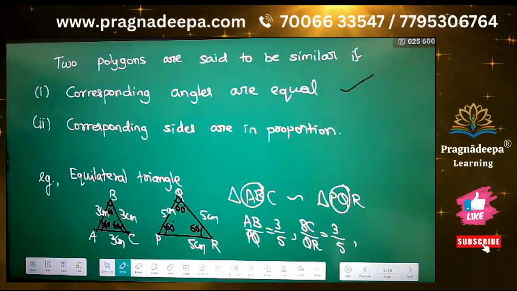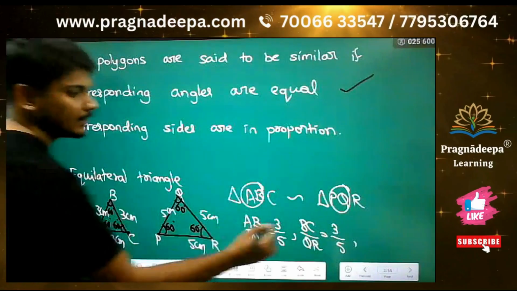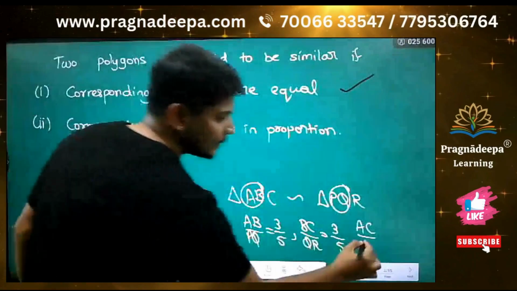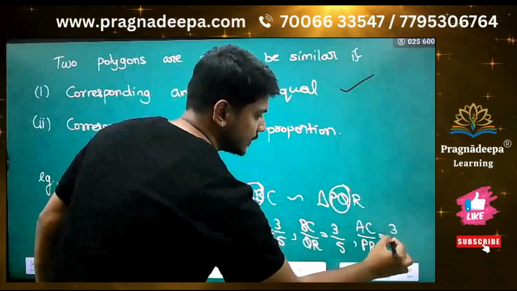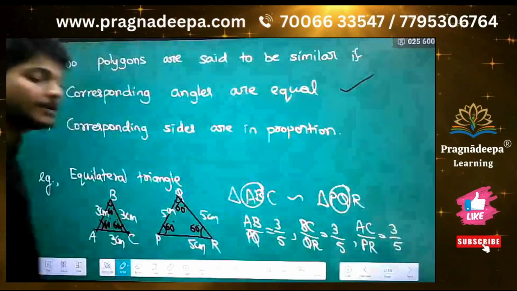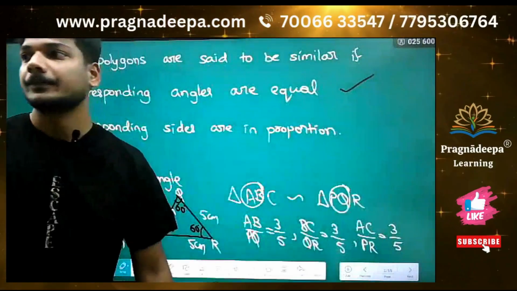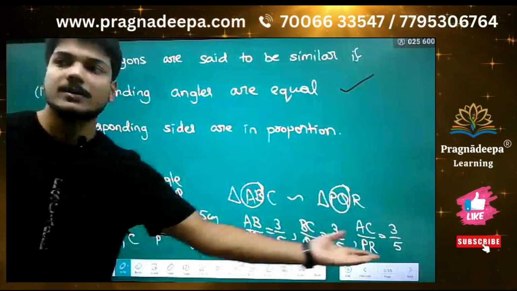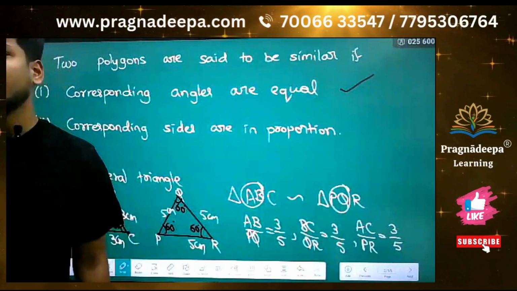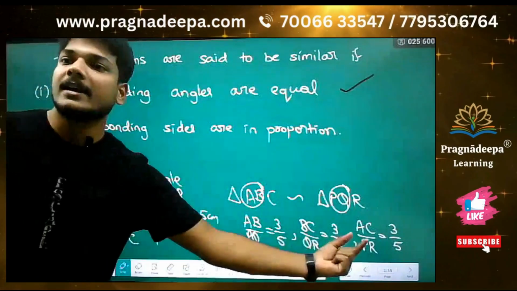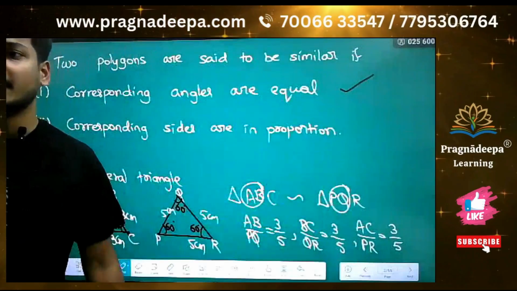Proportion unit iragilla. Next, AC by PR. So for AC, corresponding side is PR. AC is 3 centimeter, PR is 5 centimeter, which is also equal to 3 by 5. So here all the ratios are equal to 3 by 5. That means corresponding sides are in proportion, 3 by 5.